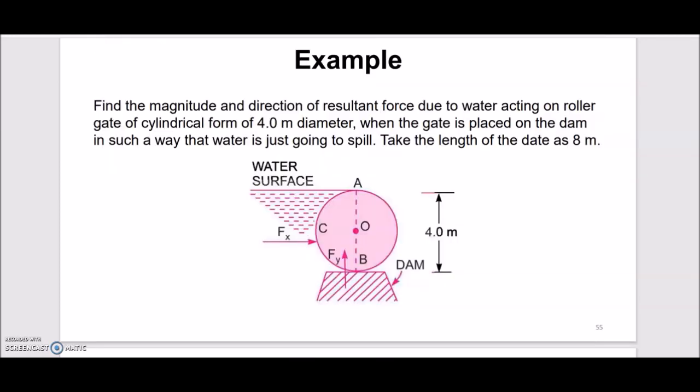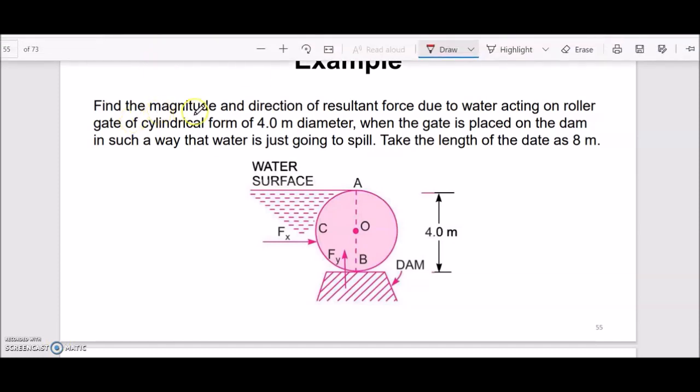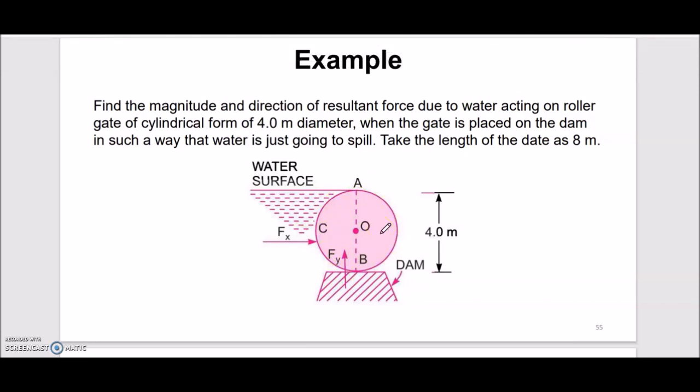Alright, so let's look into this example. We need to find the magnitude and direction of the resultant force due to water acting on a roller gate. This is a circular cross section of a roller gate of 4 meter diameter. So we have 4 meter here, the diameter of this gate, and the gate is placed on the dam in such a way that water is just going to spill.